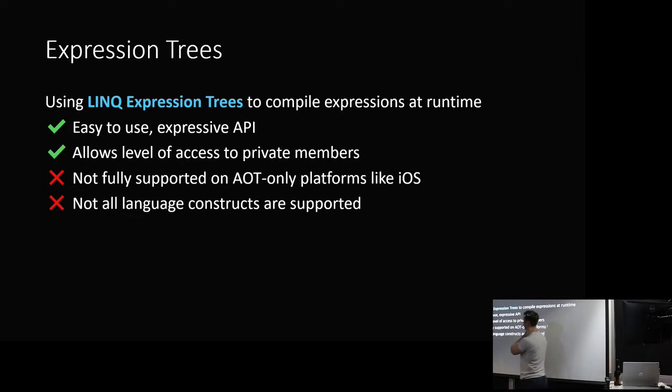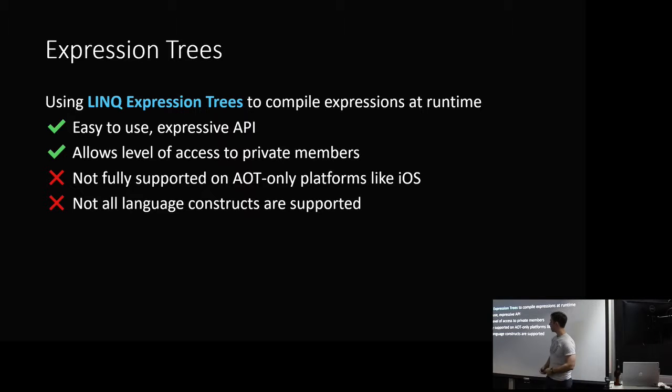And the reason they were introduced was for LINQ, so that you could write some code that looked like regular C#, select this from that, where this, blah, blah, blah, and it would translate it under the hood into SQL. And that was a form of code generation to begin with. But it turns out that these expression trees can just be generally used to generate code on the fly.